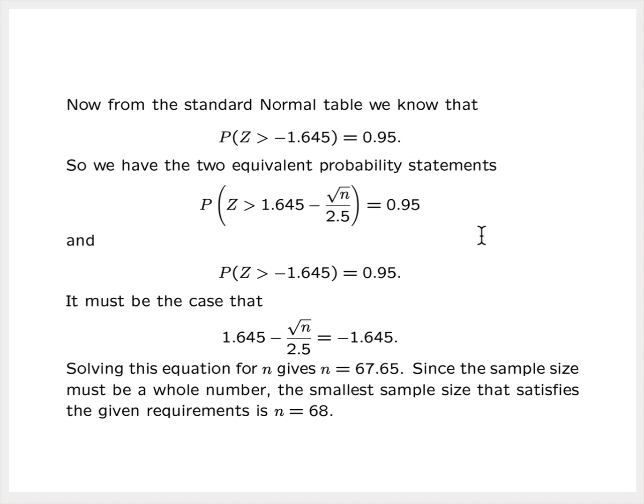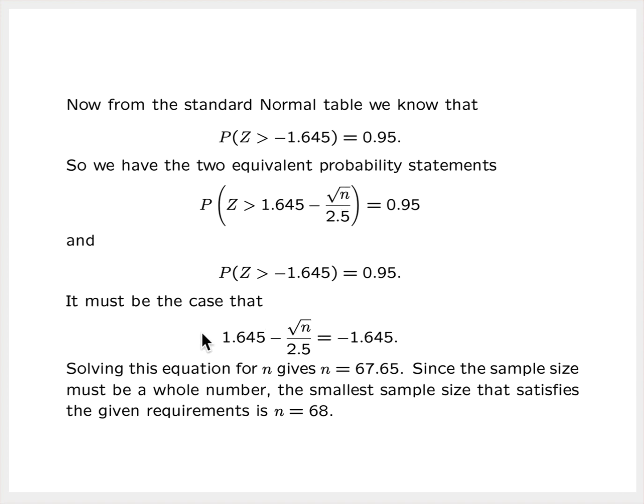So we have two equivalent probability statements. Both probabilities are equal to 0.95. Both probability statements involve the random variable z, and both involve z being greater than some quantities. And so that means that these quantities must be equal.